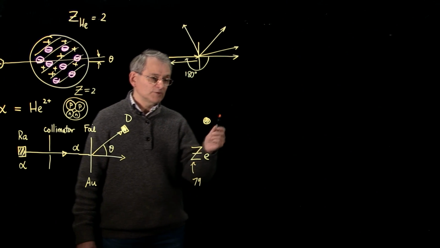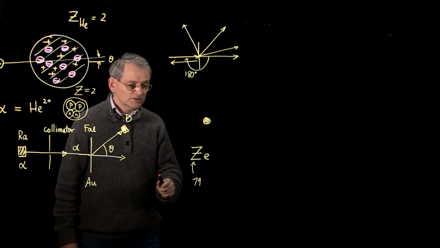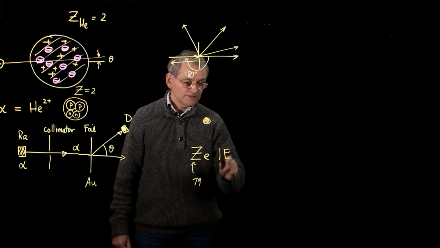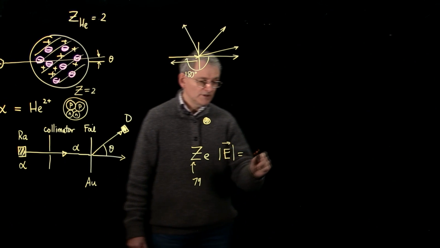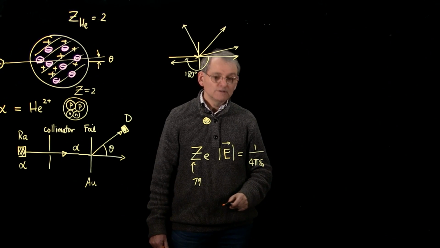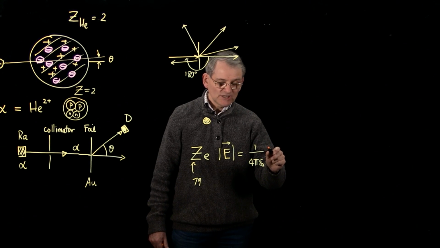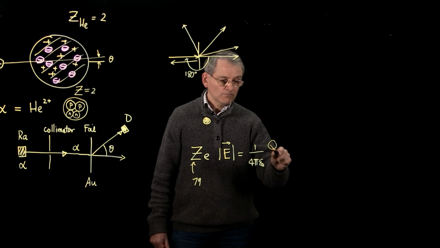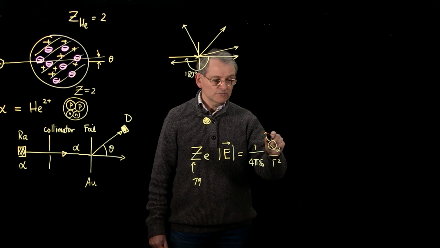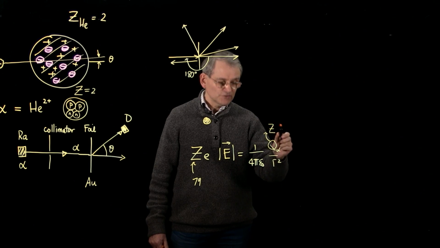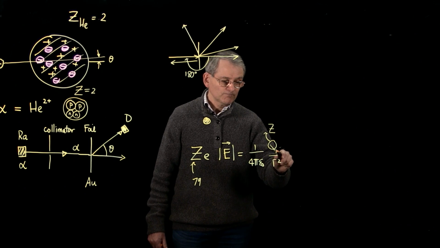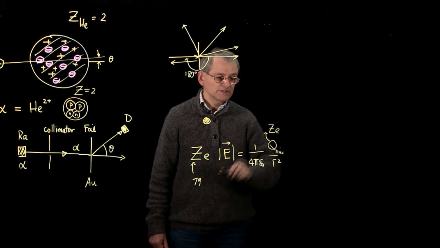And so what this means is that the magnitude of the corresponding electric field would be given by 1 on 4 pi epsilon naught, the SI unit, times the charge of the nucleus, not the charge of the alpha particle, the charge of the nucleus, which would be Z times e, divided by r squared.